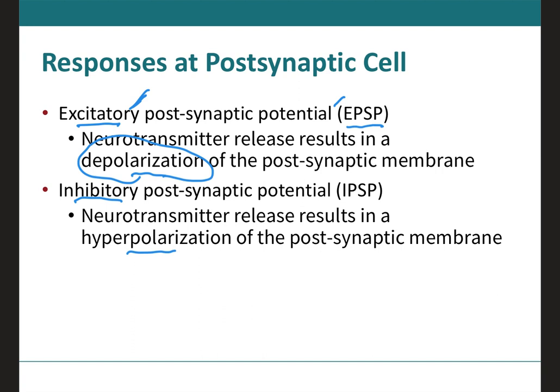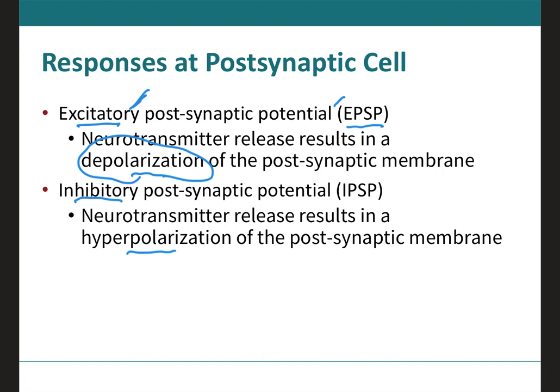Although a single EPSP normally will not initiate an action potential, the postsynaptic cell does become more excitable. Because it is partially depolarized, it is more likely to reach threshold when the next EPSP occurs.